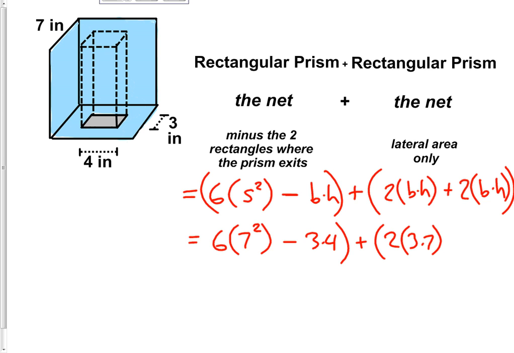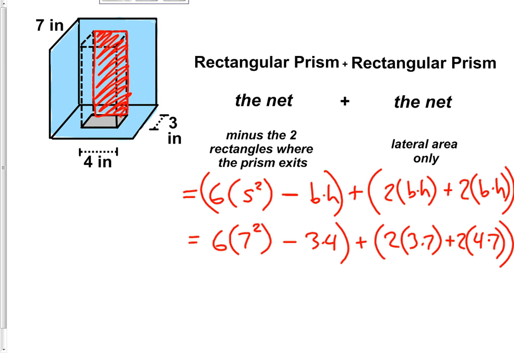But then we have 2 other rectangles that are like this guy, and he is 4 times 7. So that's how come we did the 2 different measurements inside of that last set of parentheses there.